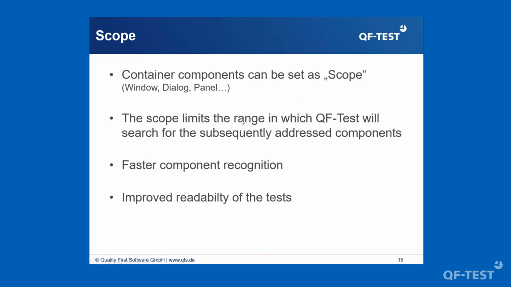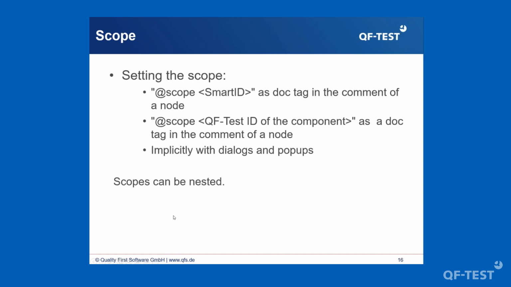So the scope limits the range where QFTest looks for the component addressed to that container, and that will make component recognition a lot faster, especially with web applications where you have a lot of objects on one page. And that can also improve the readability of tests.